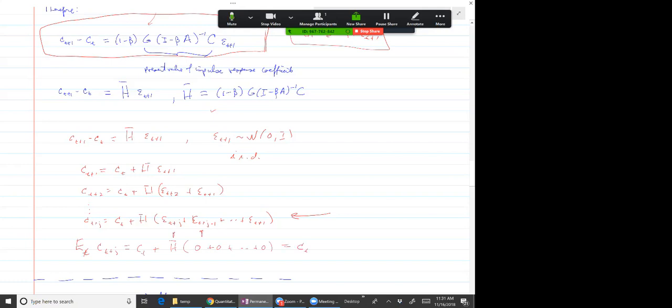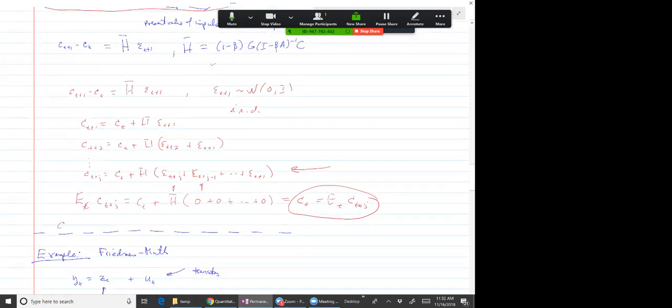So the best forecast at time t of consumption, of C_{t+j}, is just today's consumption. So consumption is a random walk.